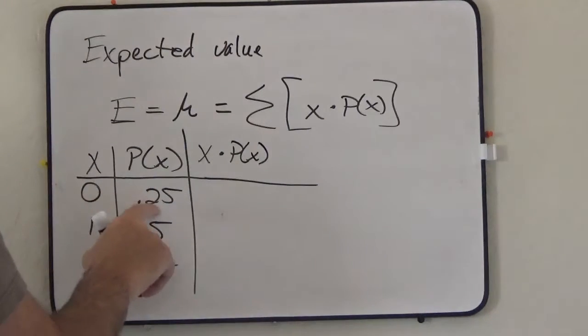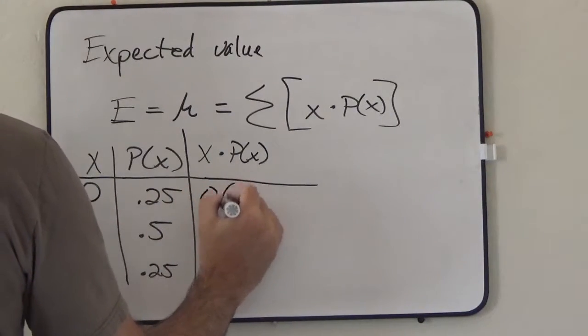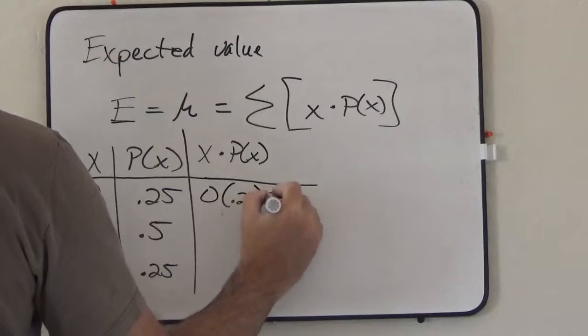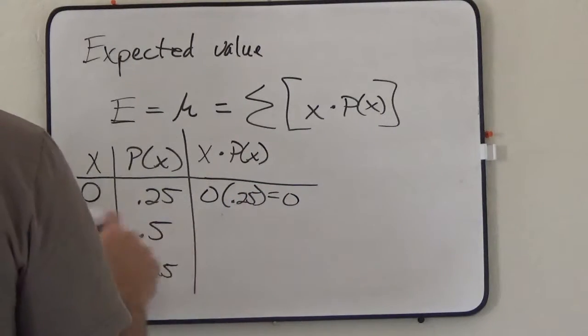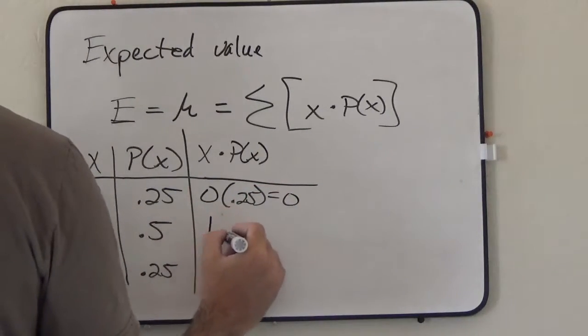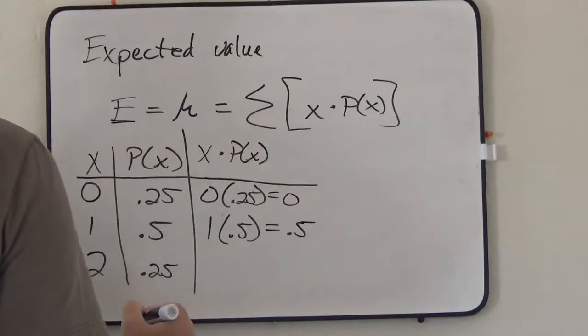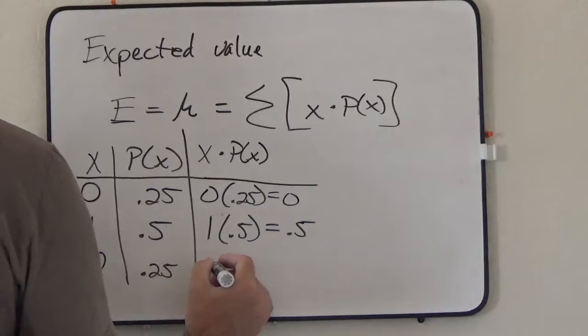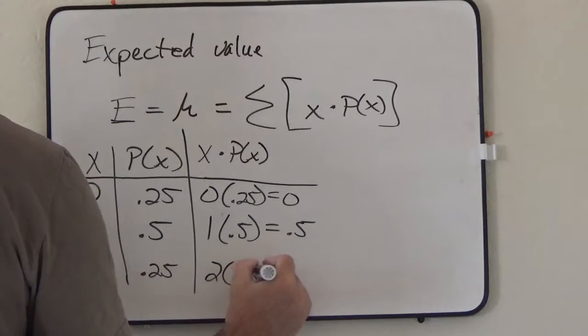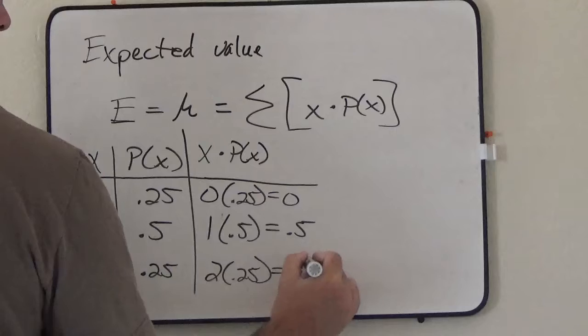That means 0 times 0.25 is 0. 1 times 0.5 is 0.5. 2 times 0.25 is also 0.5.